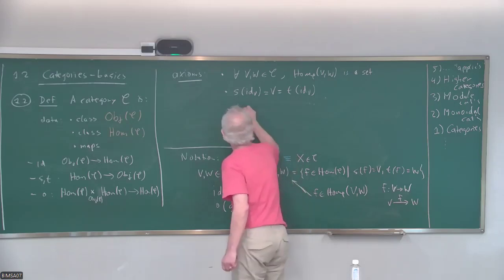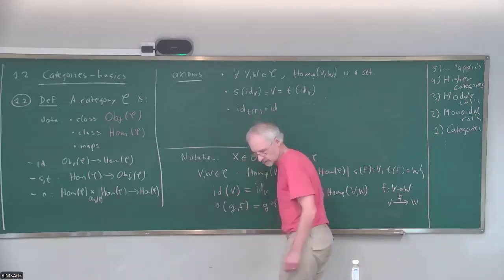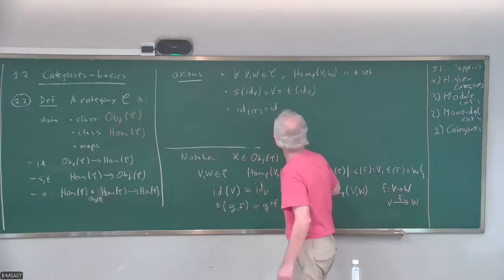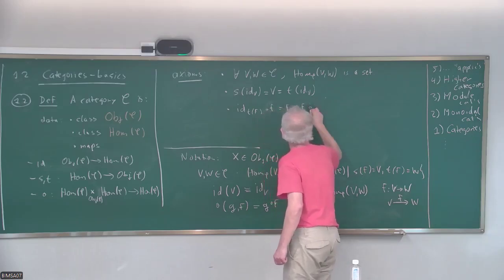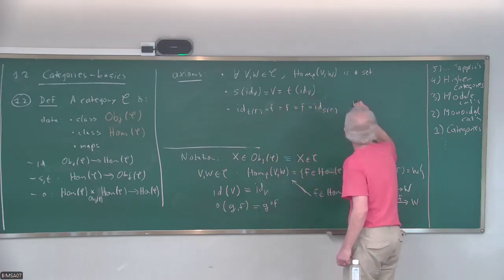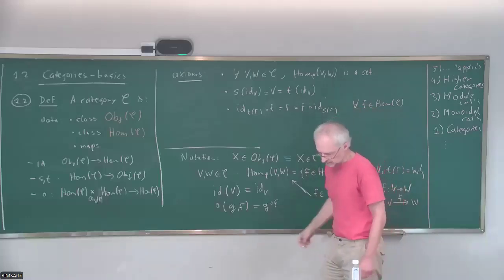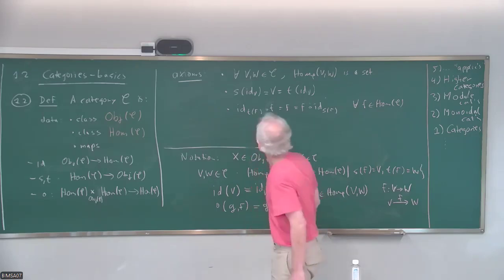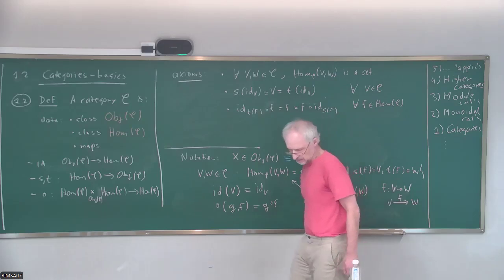So the identity for T of F, for any F, composed with F, it's the same as F, and this is the same as F composed with the identity of S of F, for all F in any morphism. This is the identity axiom, and here I should say for all V and W in C.